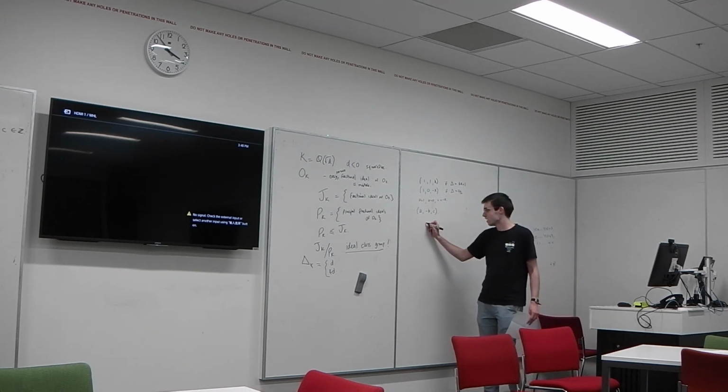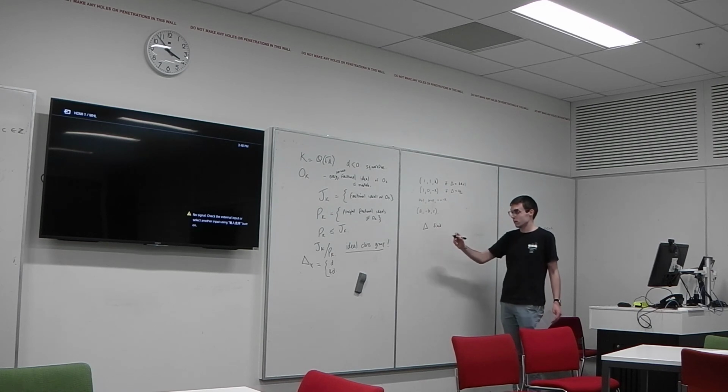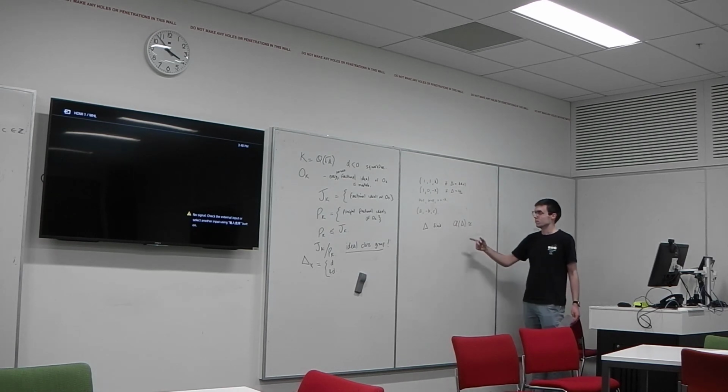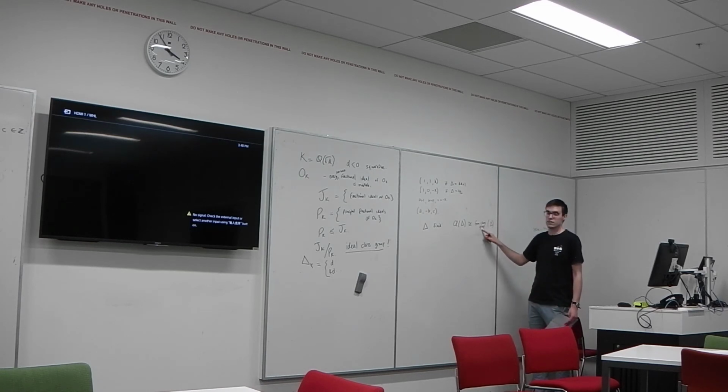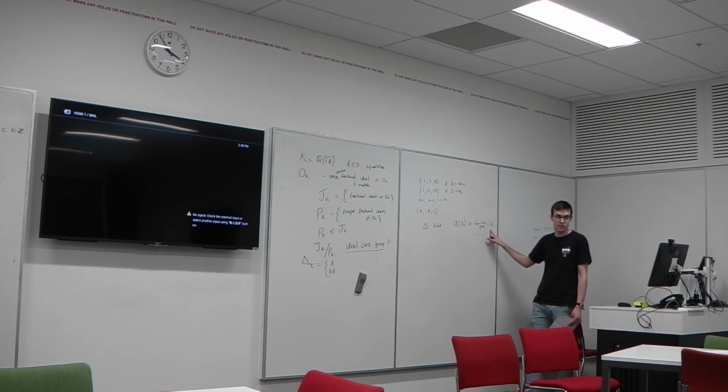So if we pick a delta fixed, then the class group of fractional ideals of delta is isomorphic to, I don't know what I'm going to call this, the form class group of delta, which just means all the equivalence classes of positive definite binary quadratic forms whose discriminant is delta.